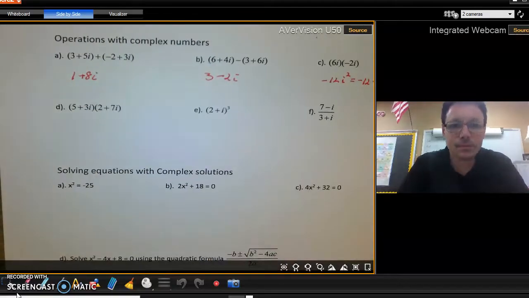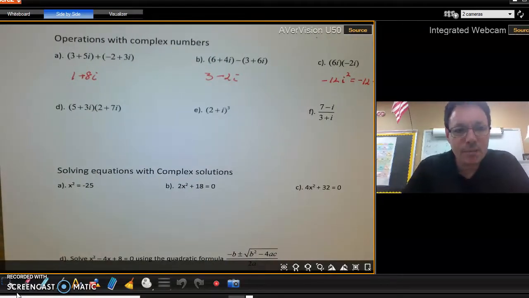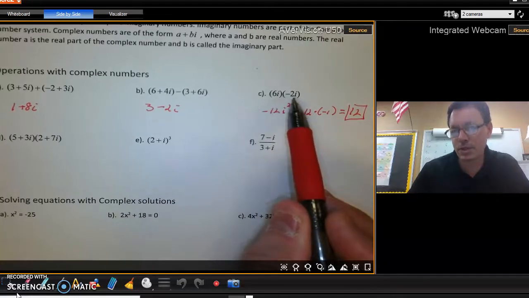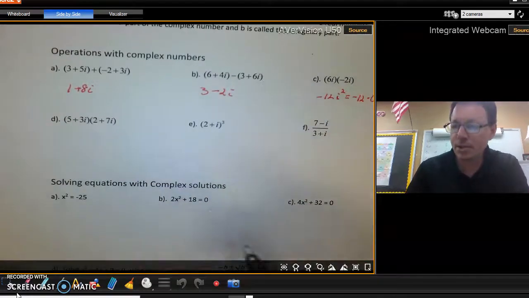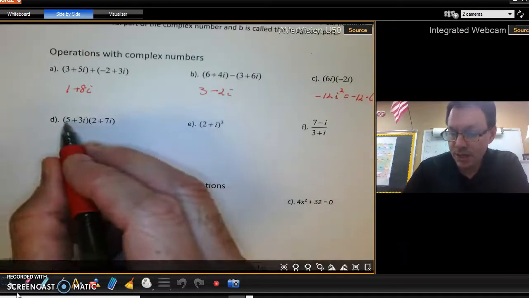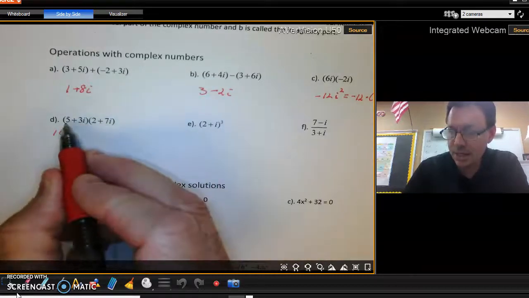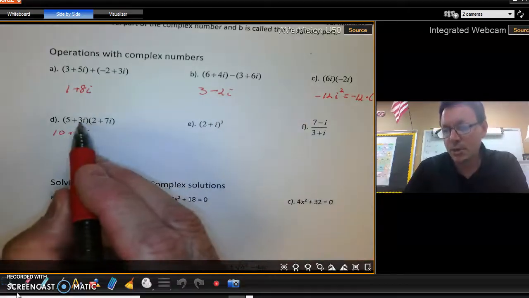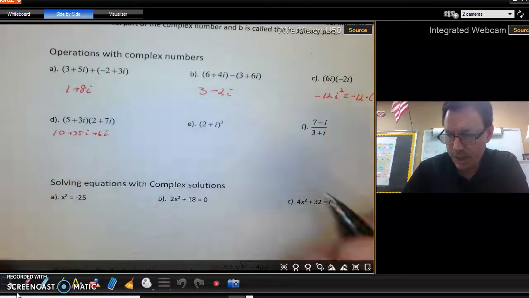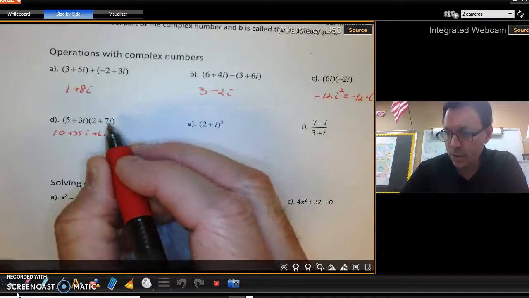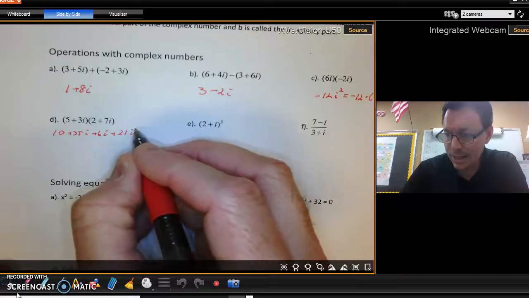Look at the next one. I'm multiplying two complex numbers together. The last one I was multiplying two purely imaginary numbers. These are complex numbers, so to multiply them, I need to FOIL. I'm going to take 5 times 2, that's 10. I'm going to take 5 times 7i, that's going to be 35i. I'm going to take 3i times 2, that's 6i. And then lastly, I'm going to multiply the two imaginary parts together, so that's going to be 21i squared.